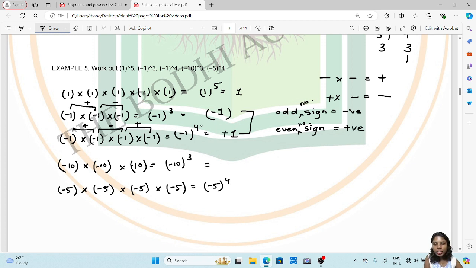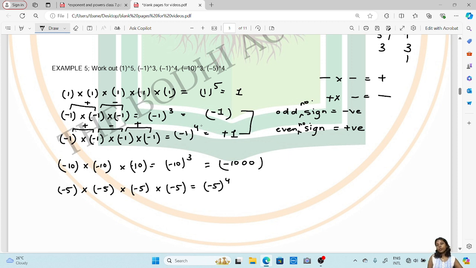So now check here. Here we have 10 multiplied thrice. So the answer will be first 1000. And here an odd number is raised to the power, so automatically here there will be minus 1000. Here also see we have 5 into 5 is 25.